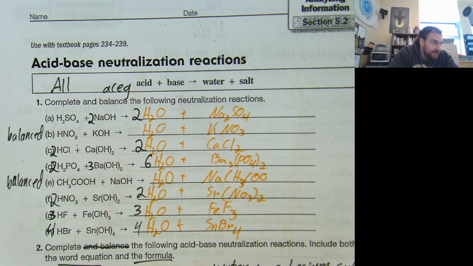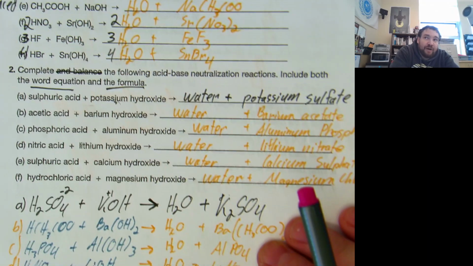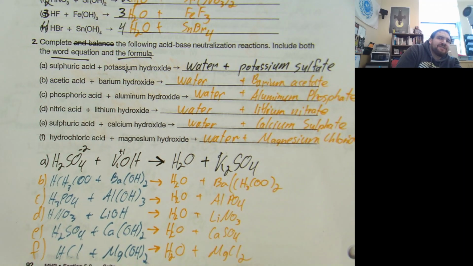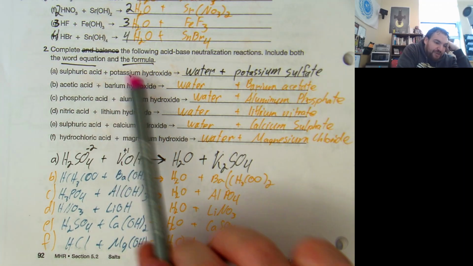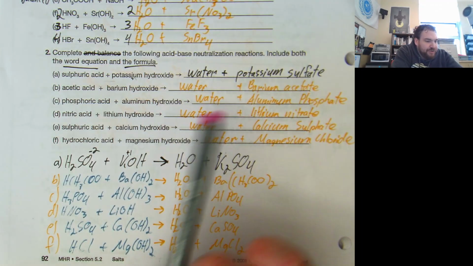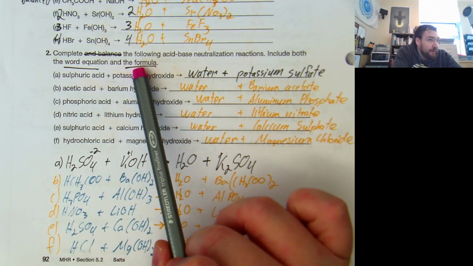Okay, no questions, comments, concerns? Okay, then here was this one. The way to do these kinds of questions, it started with the words and the question. I told you didn't have to balance, but I did want you to include both the word equation and the formula equation, or the skeleton equation.